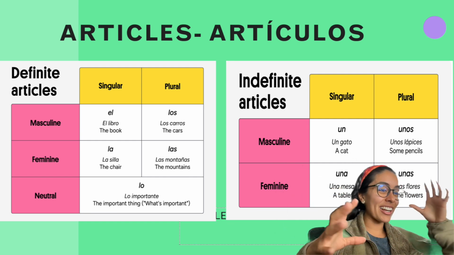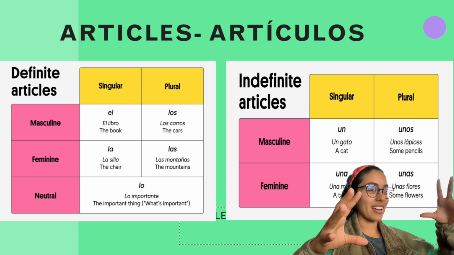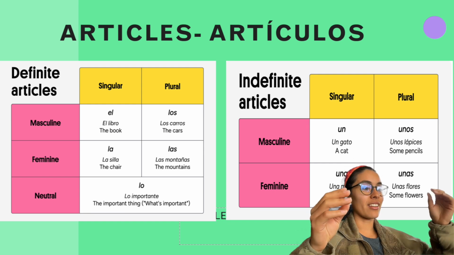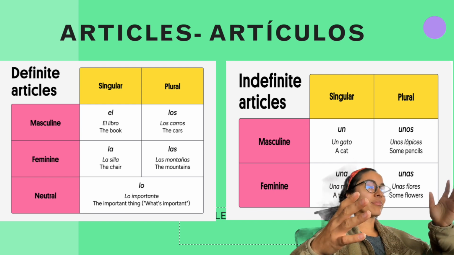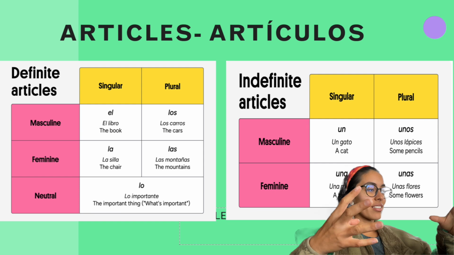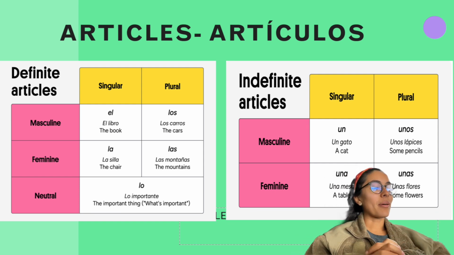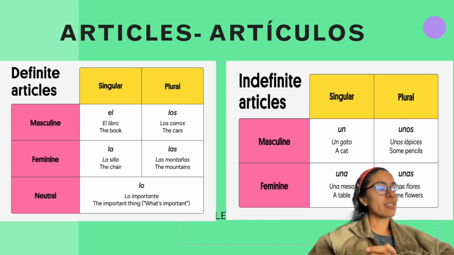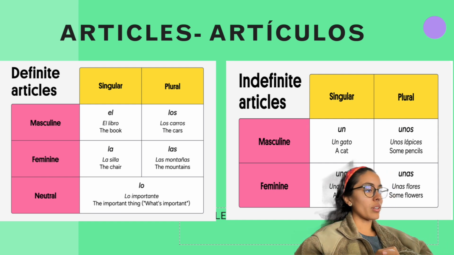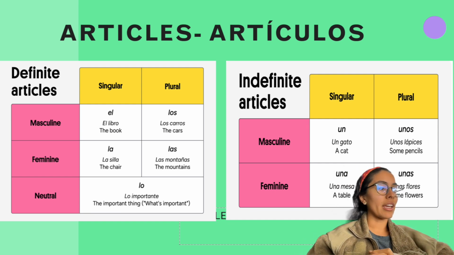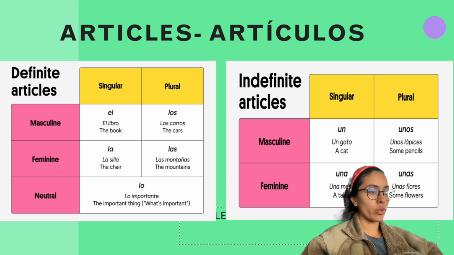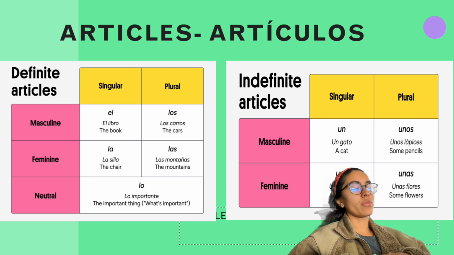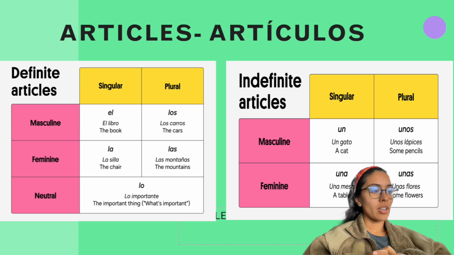So I just got these graphics because I like structure and I need you to see graphics and stuff. And so, I got these definite articles which have gender and have a singular and a plural. And the same goes for the indefinite articles.